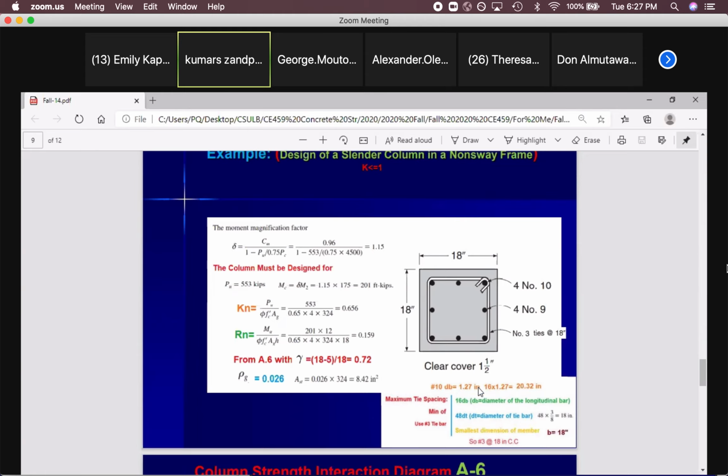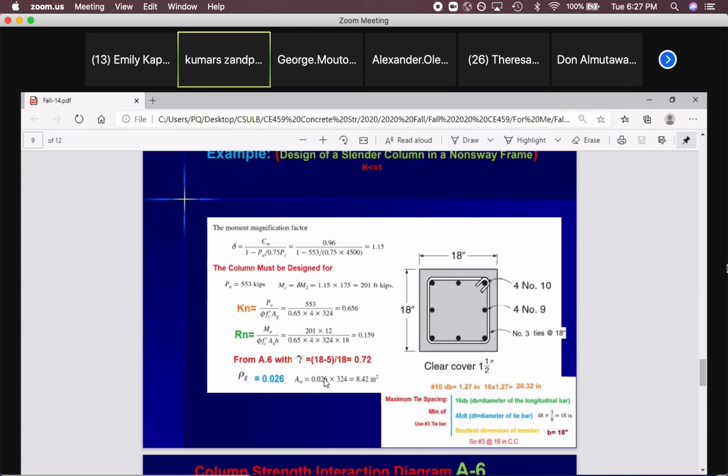In this case, we will get the total cross-sectional area. I don't have that number here, but you can calculate that: 1.27 times 4 plus 4 times 1. You will get 8, almost close to 9. So it's close to this one.